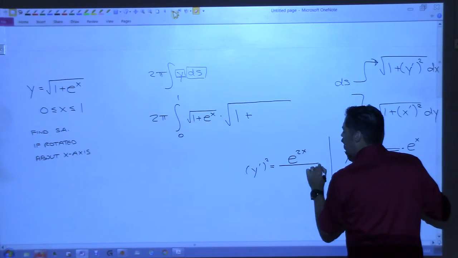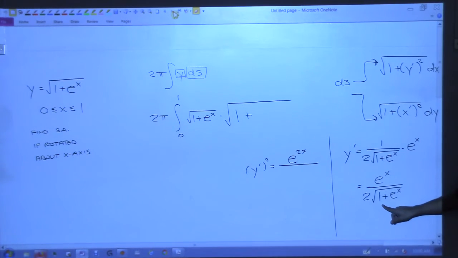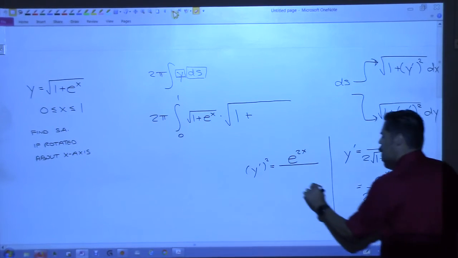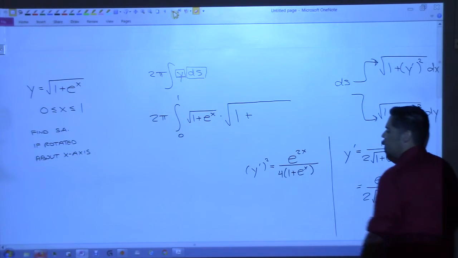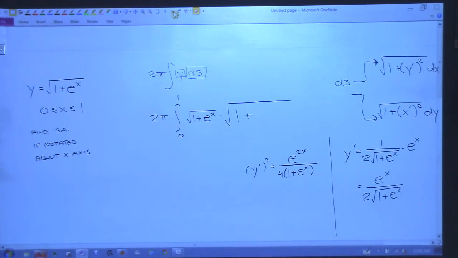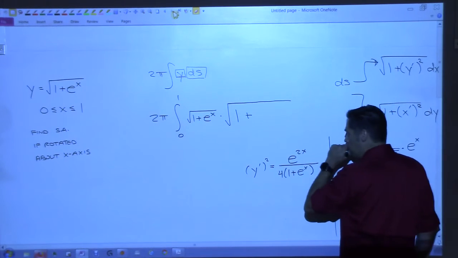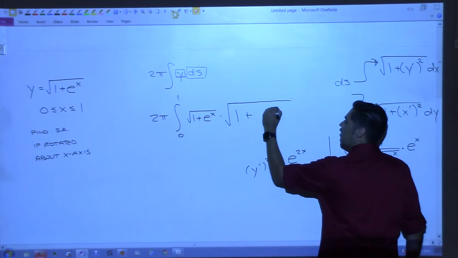And then when I square the bottom, what happens? 4, and then that root goes away. So 4 times, in parentheses, 1 plus e to the x. And I need to add 1 to that, don't I? Now, since I already wrote this out, I'm going to go ahead and just slap this in here.